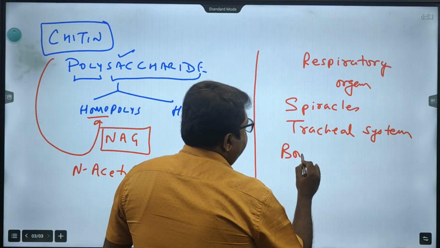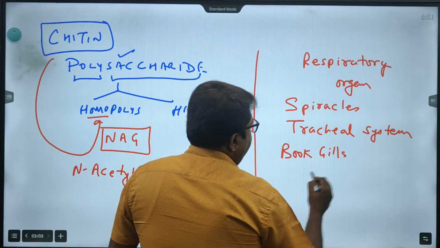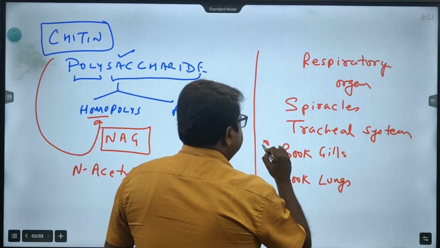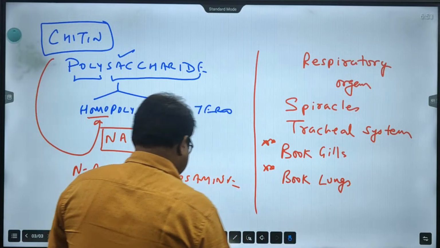But few of them have got book gills, and some of them have got book lungs as the respiratory organ. These two become star points for your NEET examination.